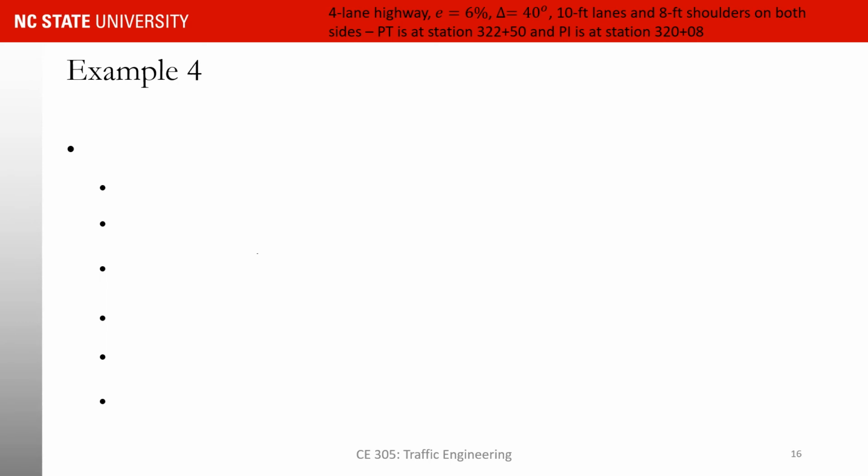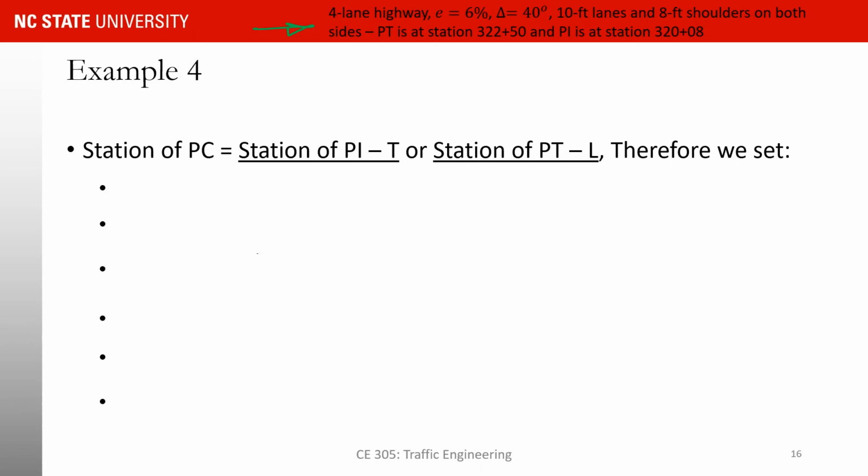Okay, so let's take a look at the solution, and I have put some key input on the top of the slide so that we don't forget them. So we want to start with finding the station of PC.